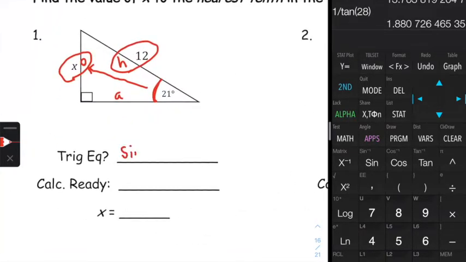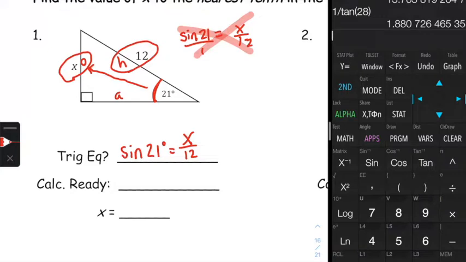So we'll write this as sine of 21 degrees equals the opposite over the hypotenuse, or in this case, x over 12. So sine of 21 equals x over 12. You can write 21 over 1, and then you can cross multiply again. That'll be 12 times sine.